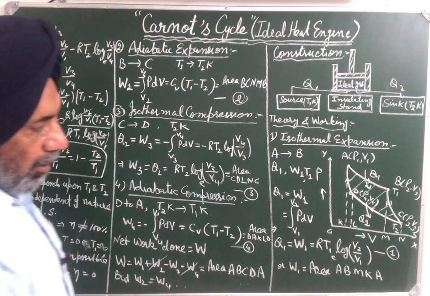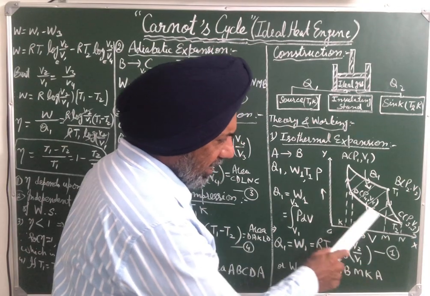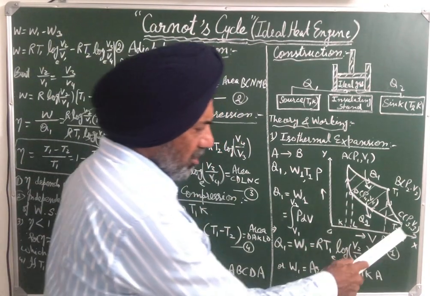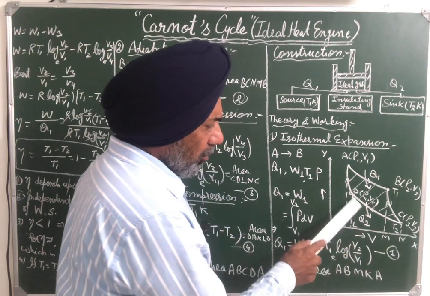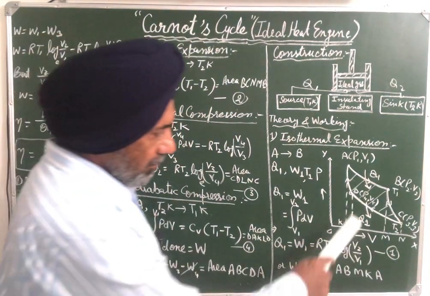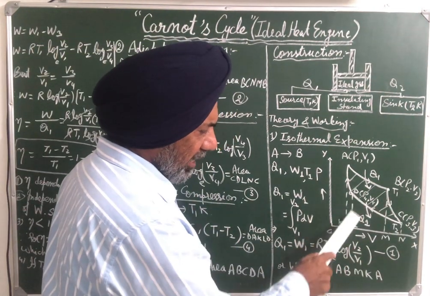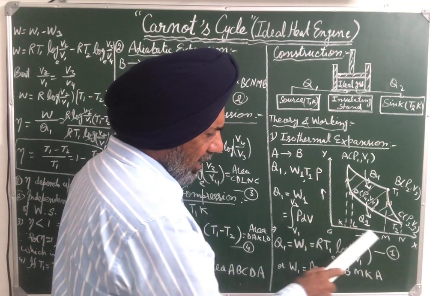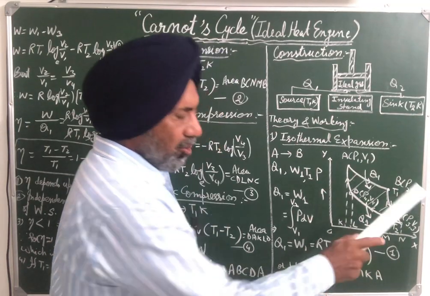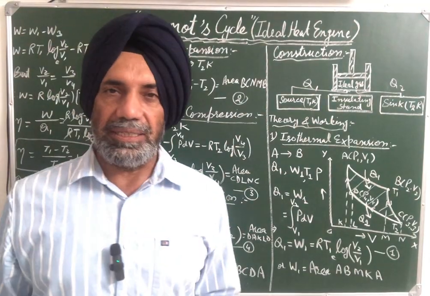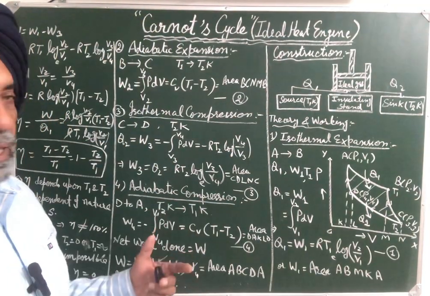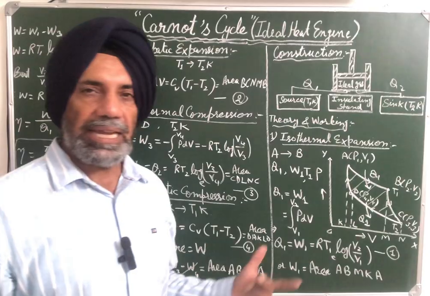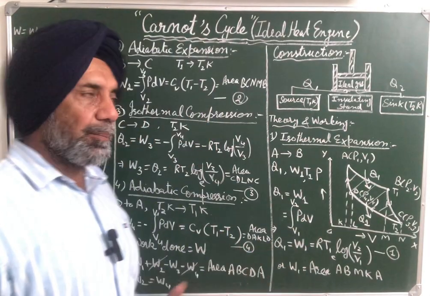And in isothermal compression, we get the curve CD, and the system goes from P3 V3 to P4 V4, and the area under this curve CD, that is CNLDC, is equal to the amount of work done upon the gas. It should be negative, as it is the case of isothermal compression.